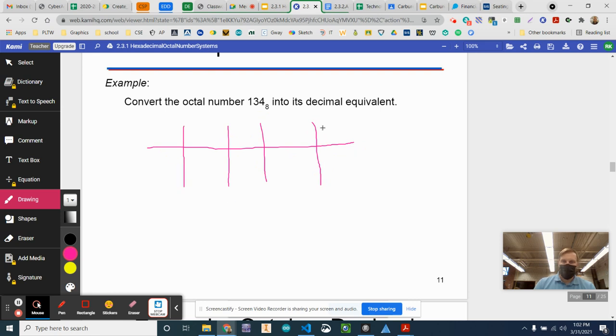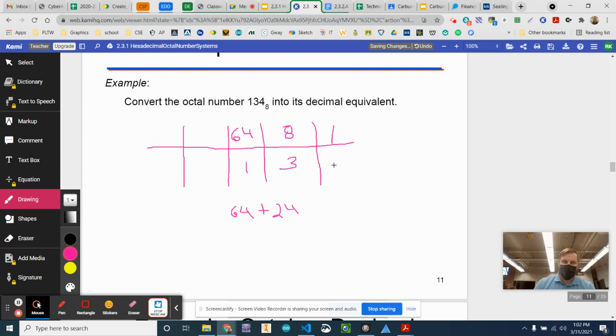All right, so we have the 1s place, we have 8s, and we have 64s. There's only 3 digits, so that's all we really need for this one. So there's 1 in the 64s place, so that's 64. There are 3 8s. What's 3 times 8? 24. So we get a 24 here because we have to multiply.